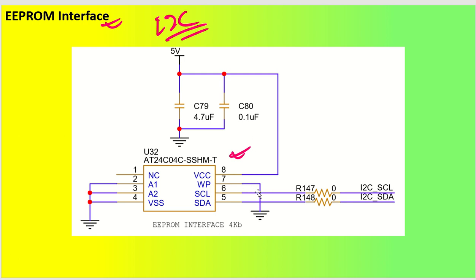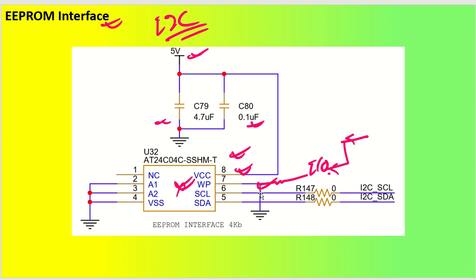Got it? So if you want to connect this WP line through one of the MCU pins, then it will be kept high always, so that it will not allow you to write. Whenever you want to write something, then you can make it low and writing will be allowed. Got it? And this is my VCC pin, which is the power supply pin, and it is connected through a 4.7 microfarad bulk capacitor and a 0.1 microfarad filter capacitor.